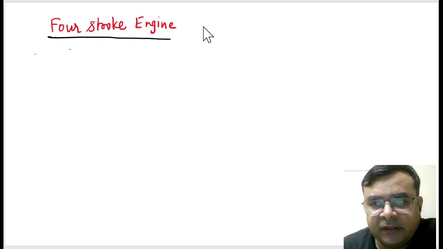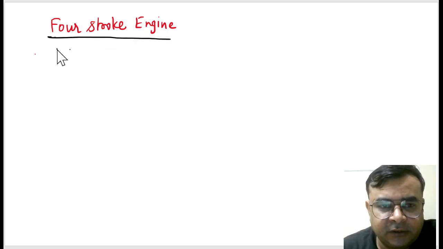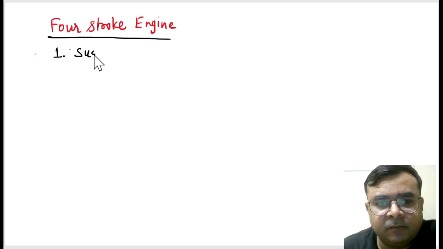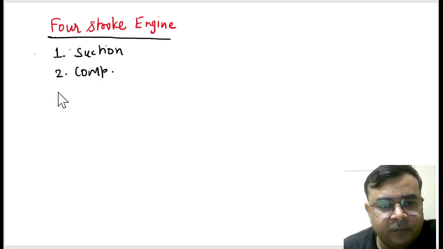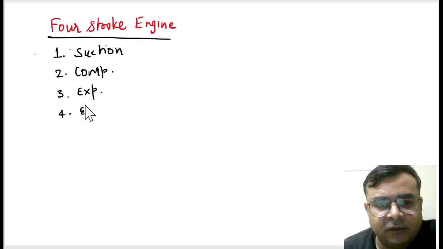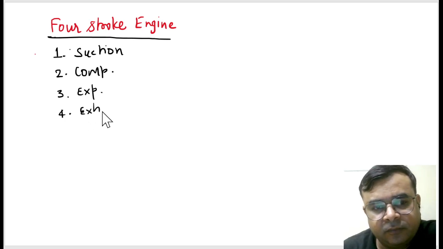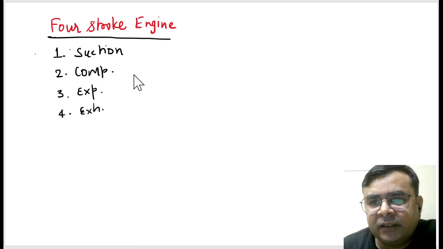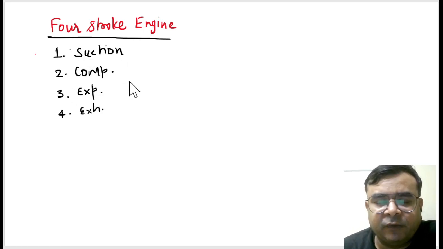And this thermodynamic cycle includes four processes, in which the first process is suction. Second process is compression. Third process is expansion. And the fourth process is exhaust, or you can say exhaust stroke. Is it right? So these four things happen in the four-stroke engine.